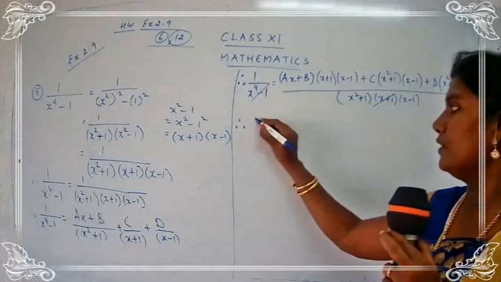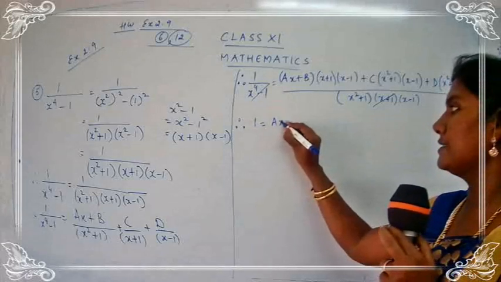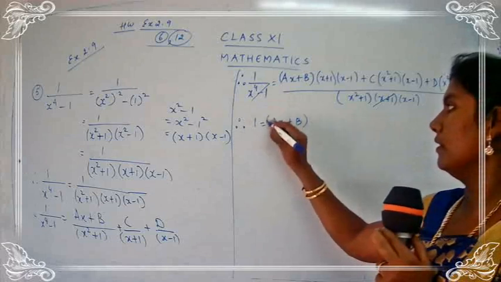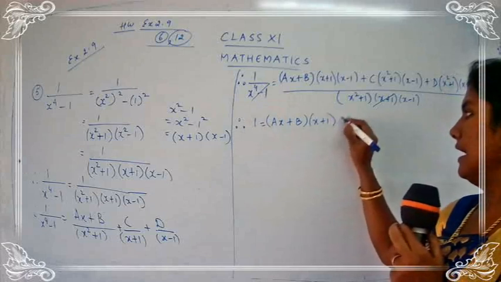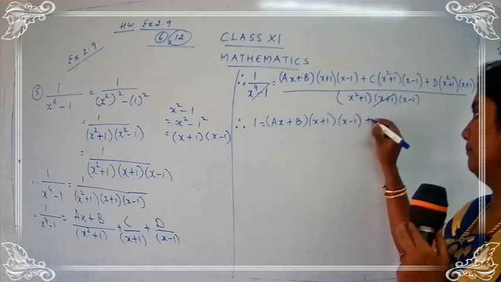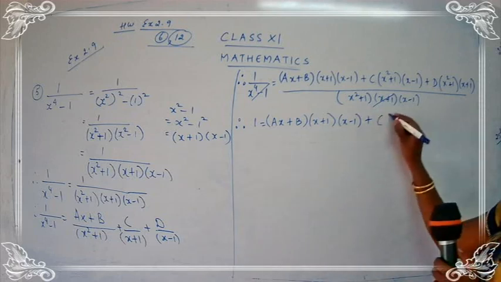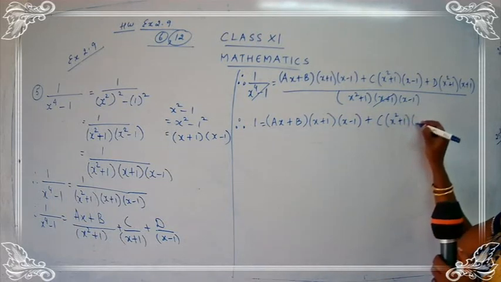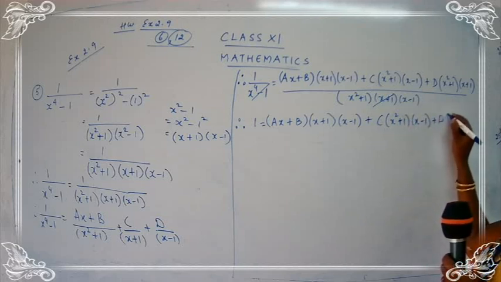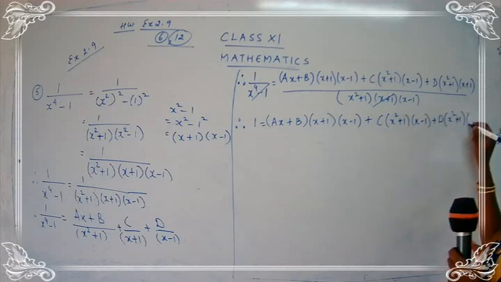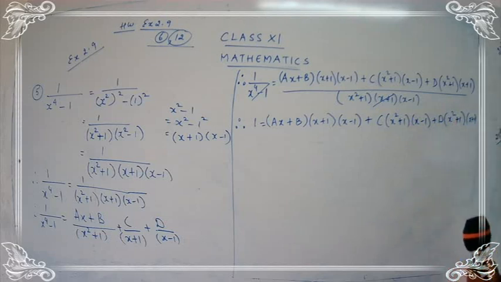Therefore, 1 is equal to ax plus b, x plus 1, x minus 1, plus c, x square plus 1, x minus 1, plus d, x square plus 1, x plus 1. Take down the step, children.